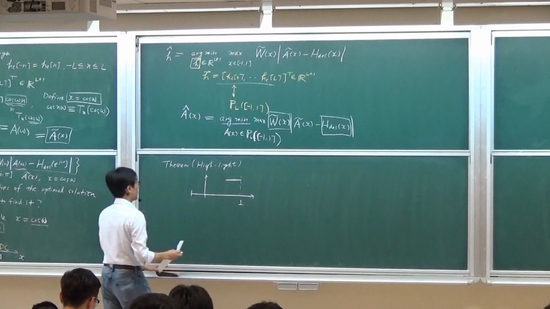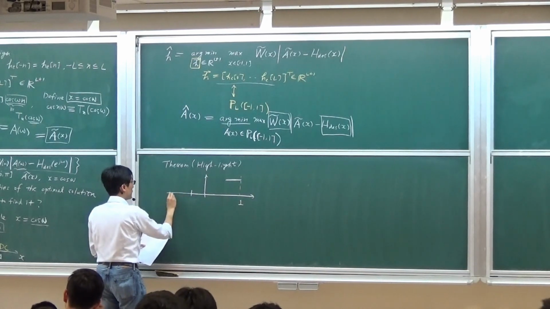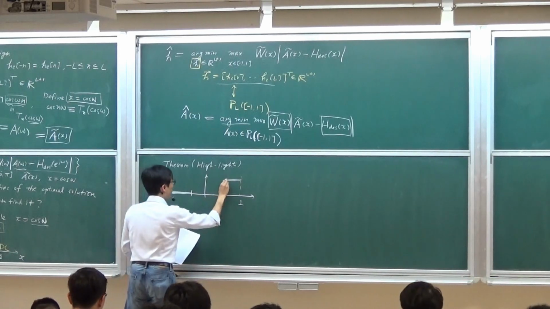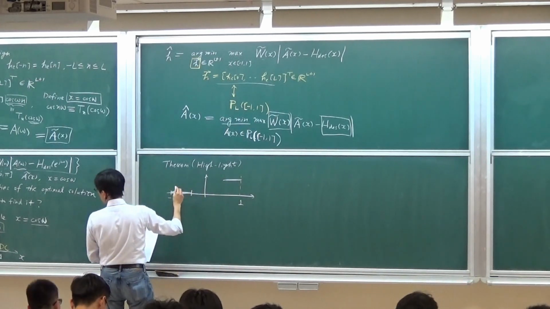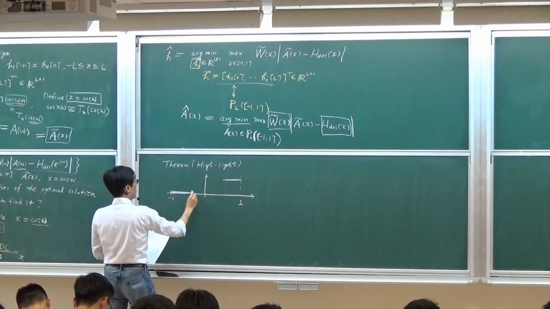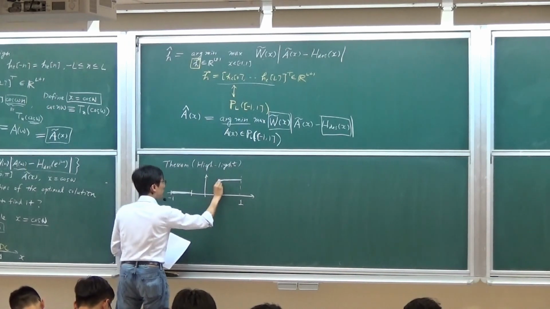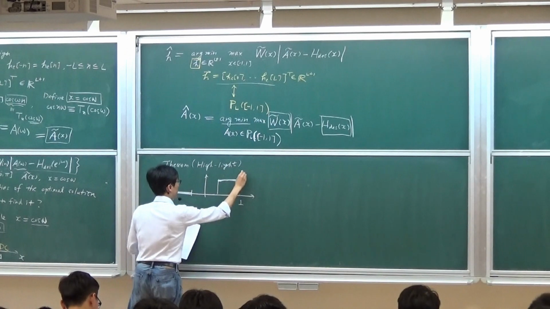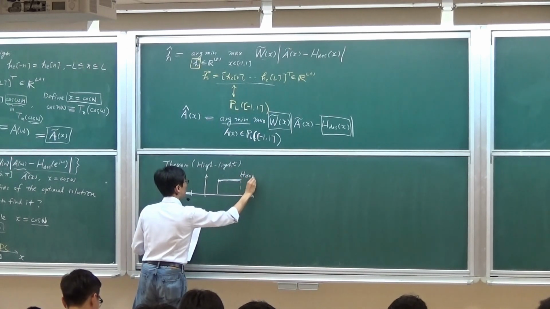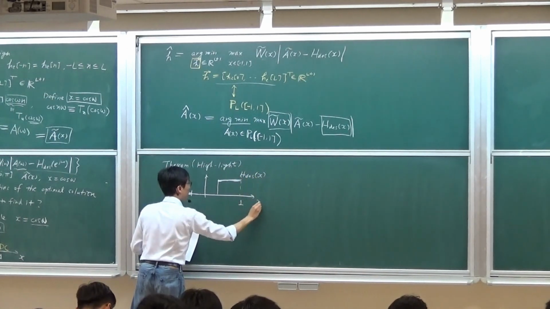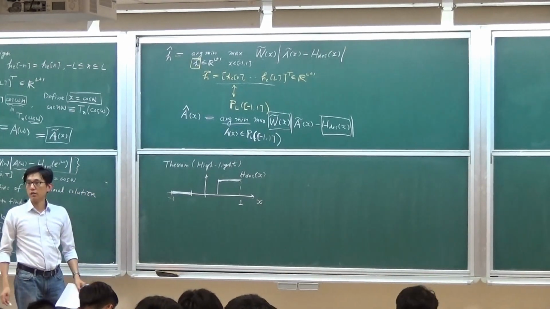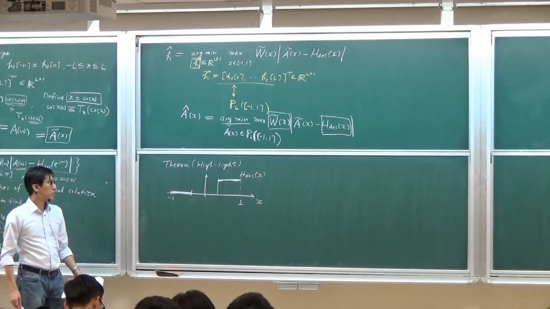Let's say this is our desired result after the change of parameter. This is a low pass filter, a low pass ideal response.